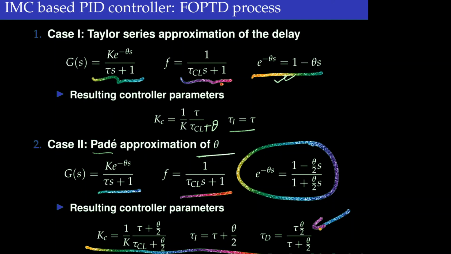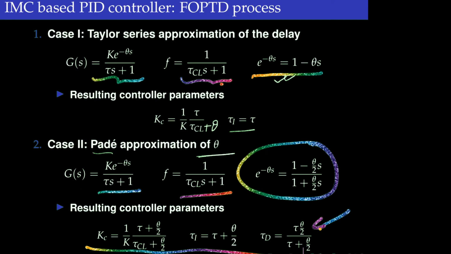And finally, for some methods, you need to specify the controller structure, meaning whether you want to choose a proportional, PI or PID controller. And for some methods, for example the DS method, you get the controller structure along with the controller parameters.